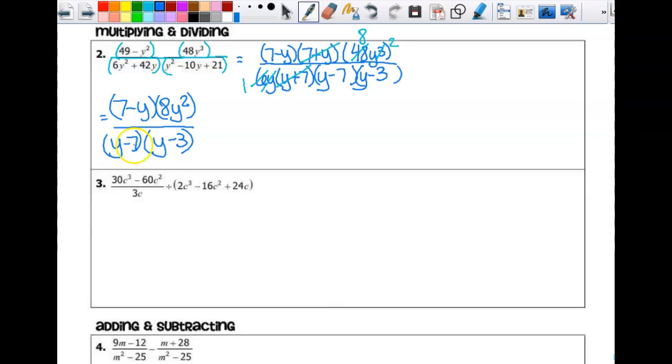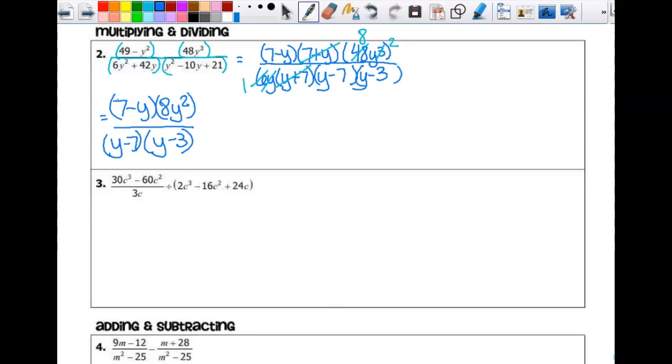This is 7 minus y, and this is y minus 7. What can I do with this to make it look like y minus 7? I don't want to add anything. Well, I can't just randomly divide something, though. What do you do? What have we been doing? Factoring. Is there something I can factor out?